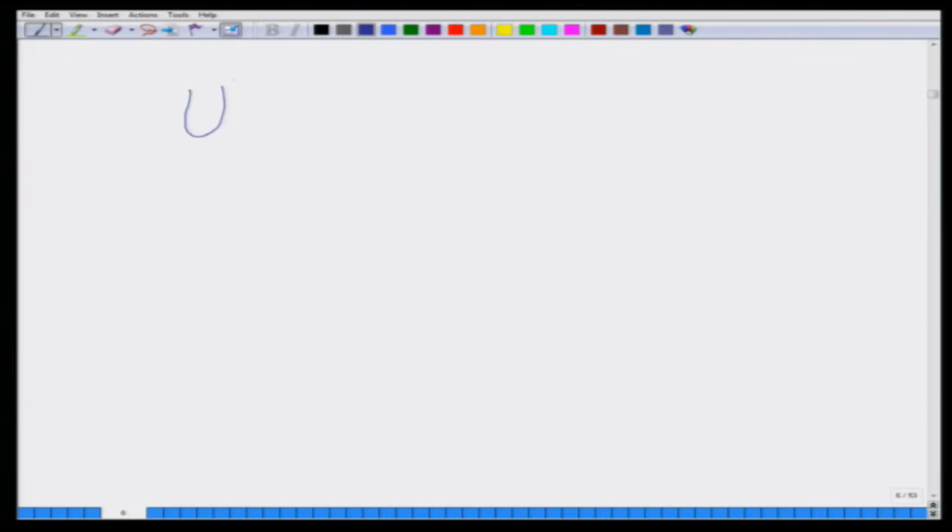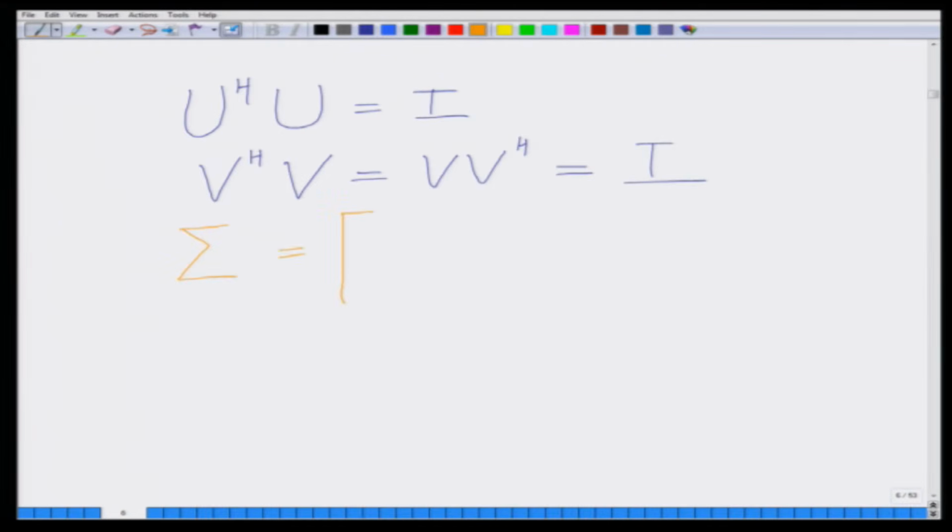I have U Hermitian U is identity, I have V Hermitian V equals V V Hermitian equals identity, I have sigma as the diagonal matrix square root of 52, square root of 13, 2. So, sigma is a diagonal matrix with singular values sigma 1 equals square root of 52, sigma 2 equals square root of 13, sigma 3 equals 2.